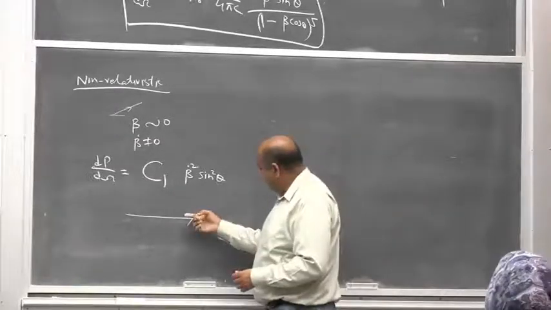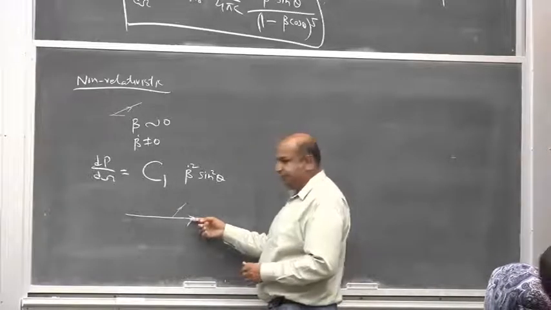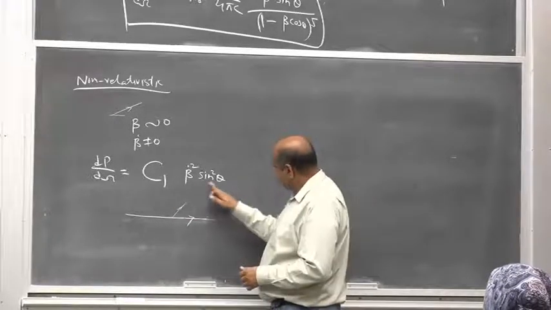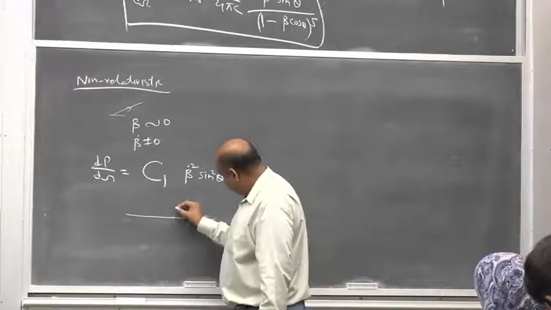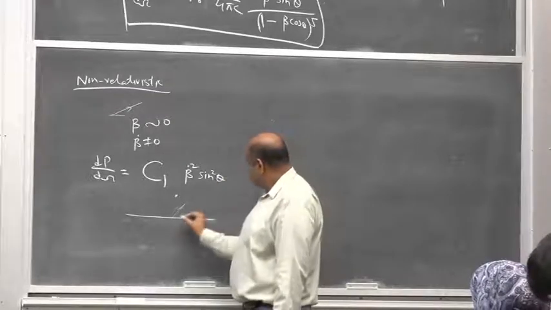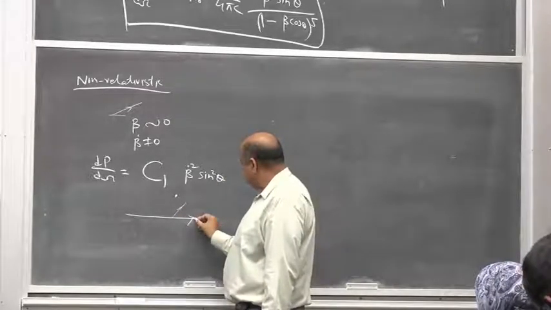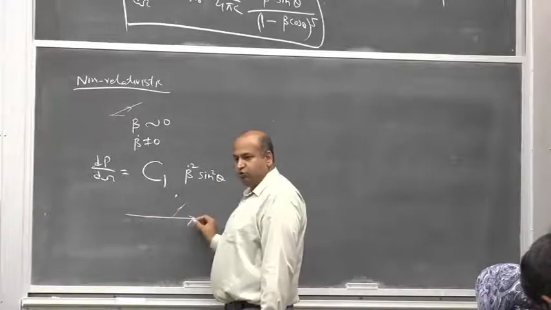So theta is the angle between the direction of radiation and the direction of motion. So this is maximum at where? At theta equal to 90. So maximum radiation is occurring here, and radiation in the direction of the charged particle motion and in the backward direction are both 0.